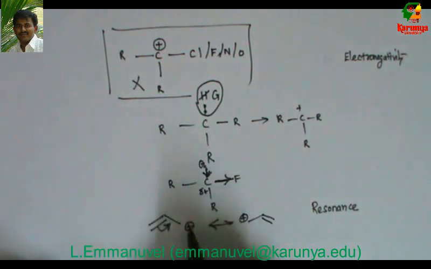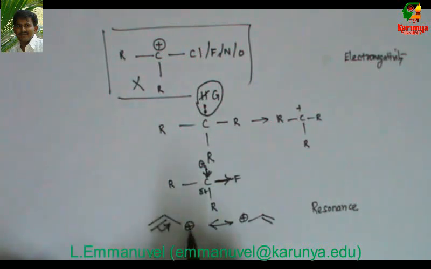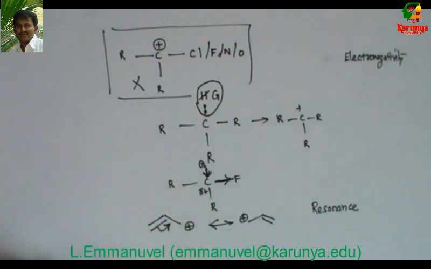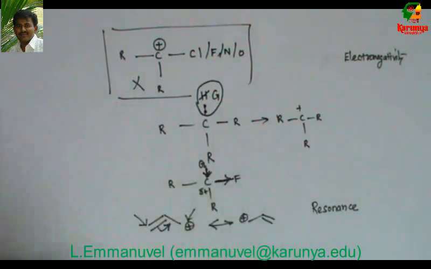So if the positive charge is in resonance with a double bond, then we will get carbocation or positive charge on 2 carbons. So the nucleophile can attack here as well as here.